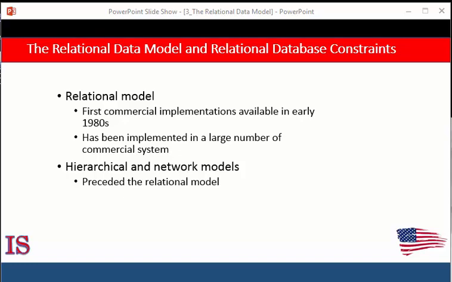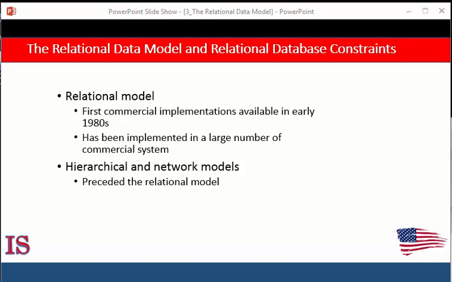Current popular relational database management systems include DB2, Informix Dynamic Server from IBM, Oracle, Sybase Database Management System from Sybase, and SQL Server and Access from Microsoft. In addition, several open source systems such as MySQL are available. We're going to be spending a great deal of time in this course with MySQL.